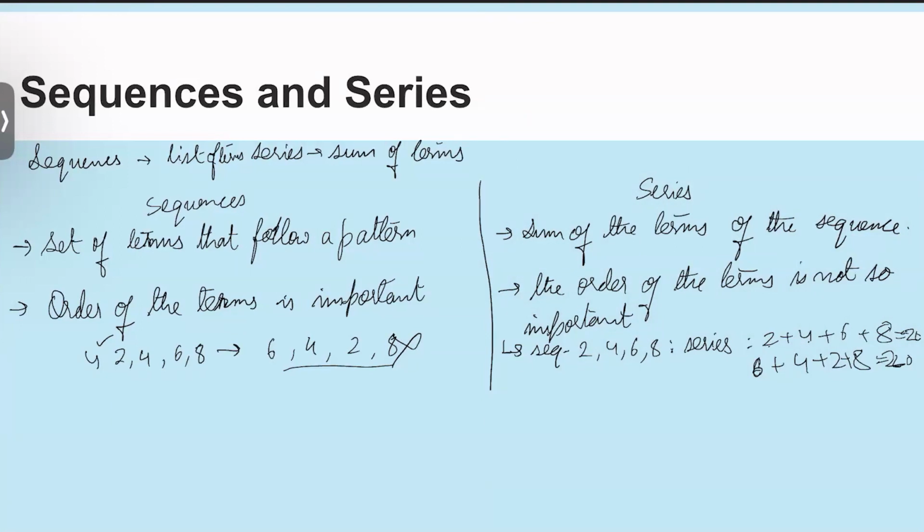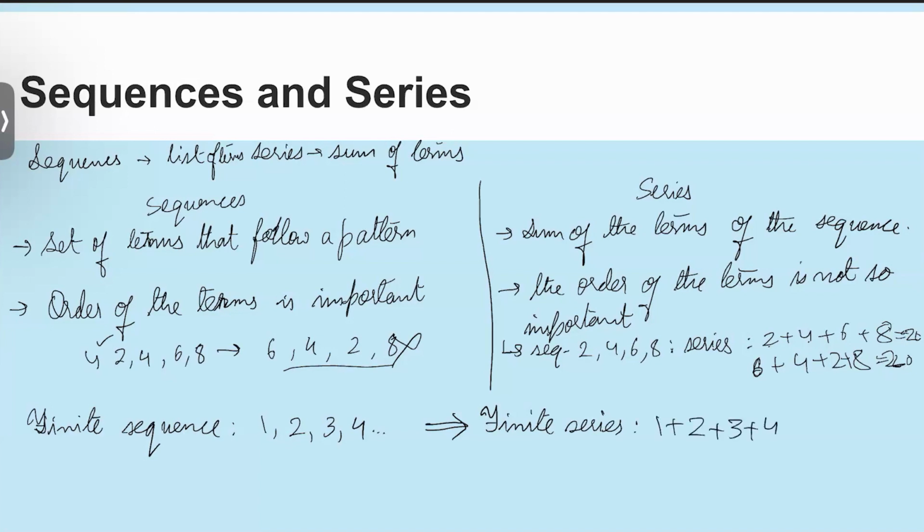But if we have a finite sequence, for example 1, 2, 3, and 4, this will correspondingly give you a finite series, that is 1 plus 2 plus 3 plus 4.